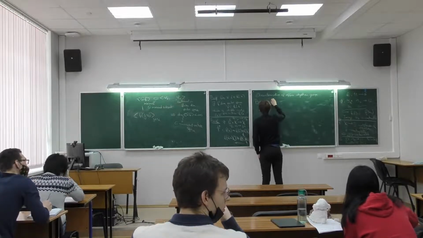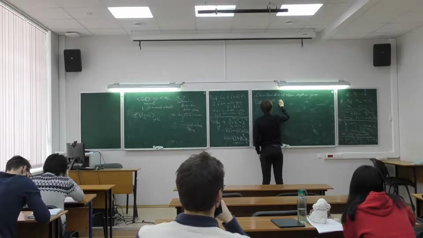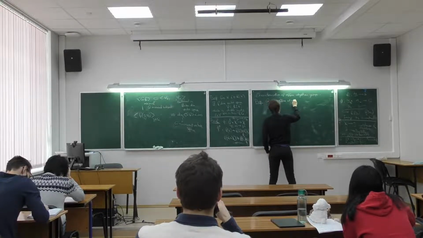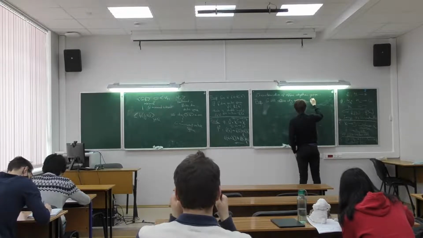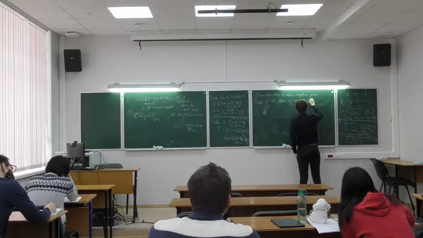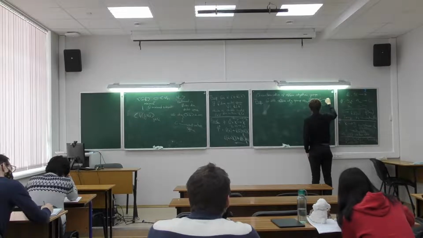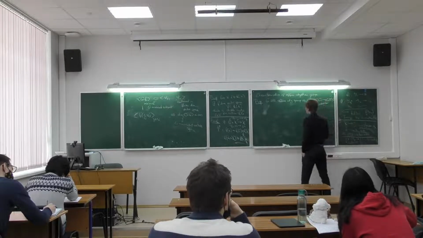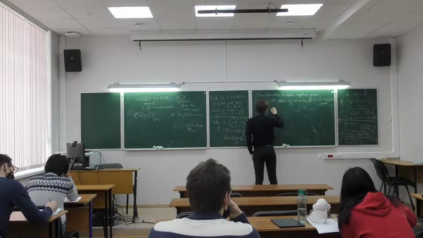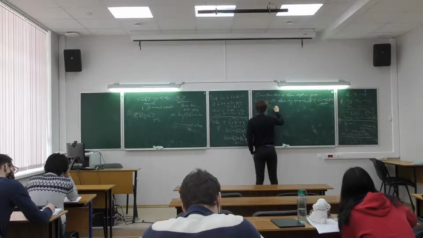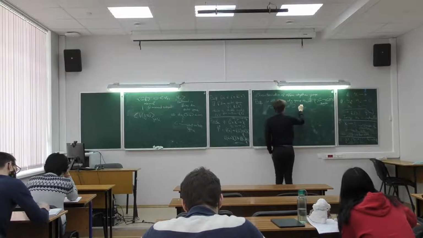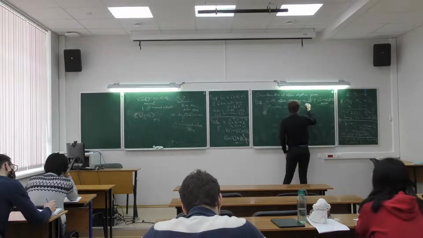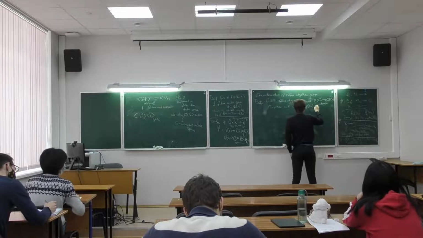So if G is an affine algebraic group, then it can be realized as, there exists rho, a homomorphism of G to GLV, that is an injection, and G is a closed subgroup there. So rho of G is a closed subgroup.